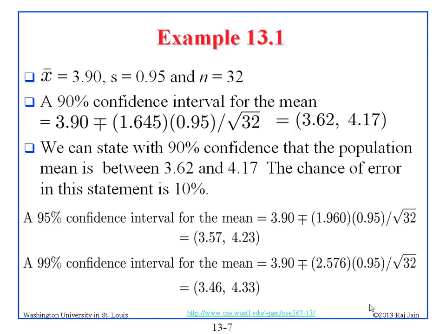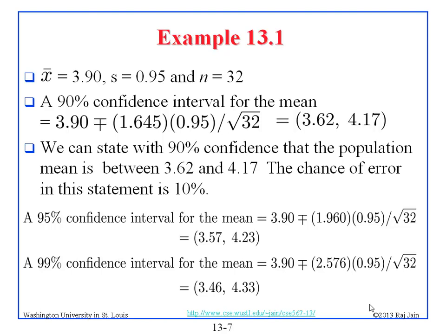Now, first thing you should notice is which one is wider, the 95% or the 90%? Yeah. So basically, I am 90% sure that this is the range, but if you want to be 95% sure, then this is the range. If you want to be 99% sure, then this is the range.